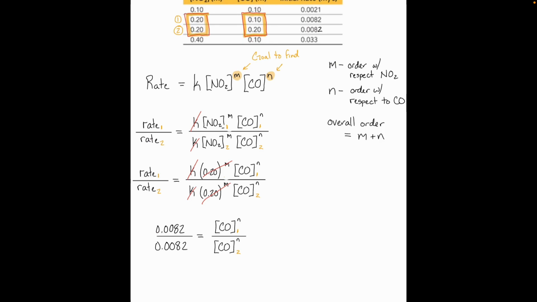Plugging in my concentration information, my first data point, carbon monoxide, was 0.1, and for my second data point, carbon monoxide was 0.2.